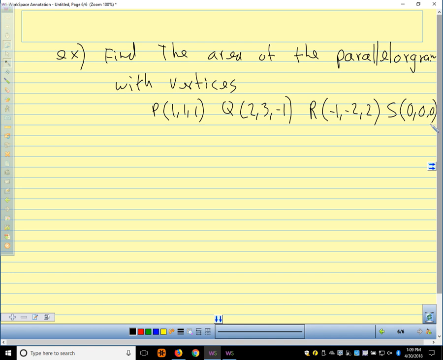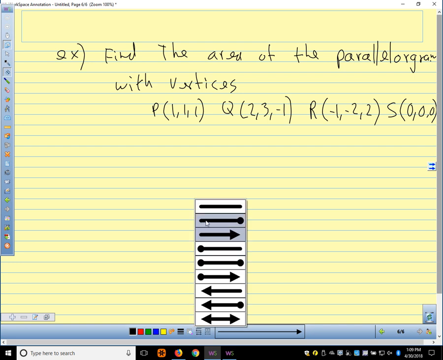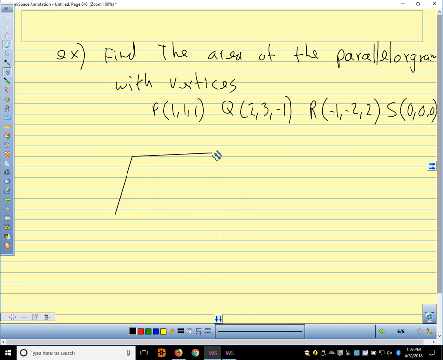So they give us the vertices of this parallelogram. Now, from geometry, you might remember that the naming convention for polygons is to start at one vertex and go in order, either clockwise or counterclockwise. So this could be P, Q, R, S.